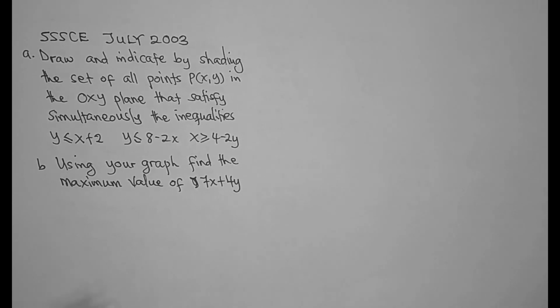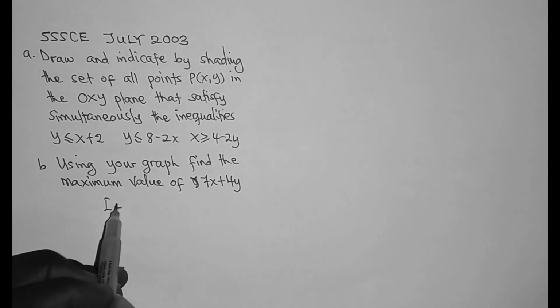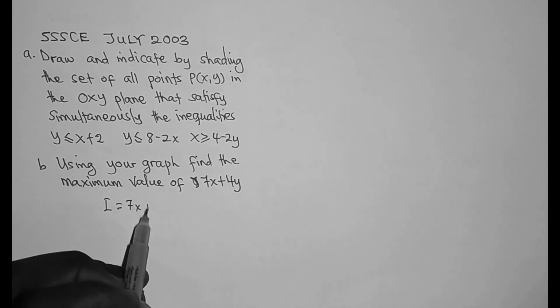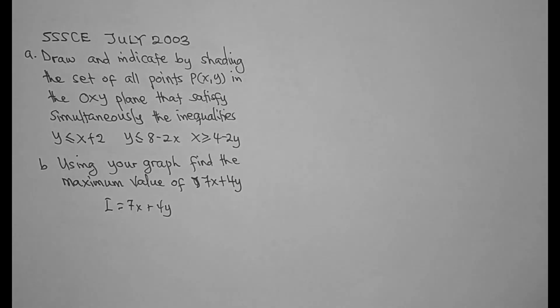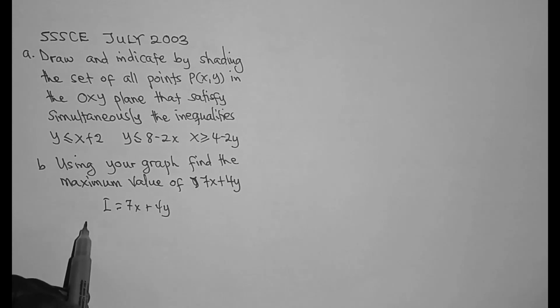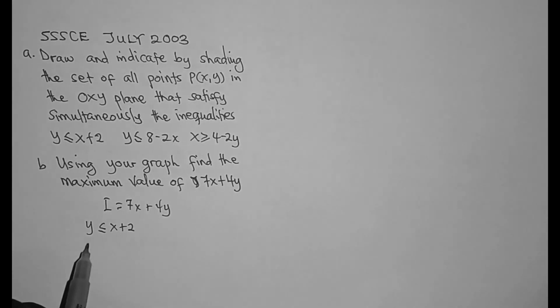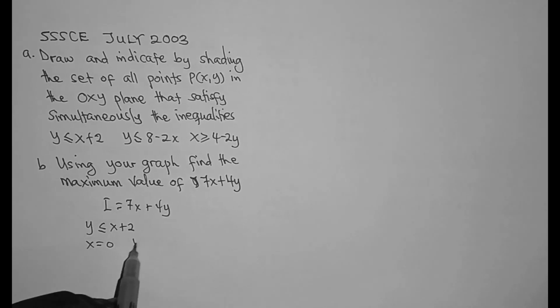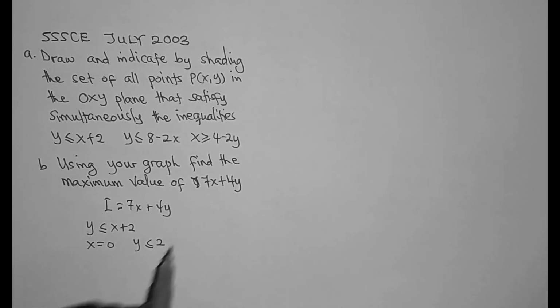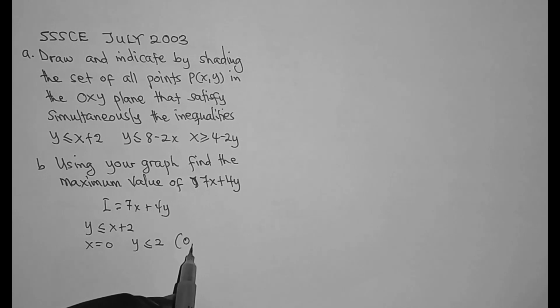So this is our objective function, I equals 7x plus 4y. So let's take our constraints. y is less than or equal to x plus 2. So let's set x equals 0. y is less than or equal to 2. So we have the point 0, 2.